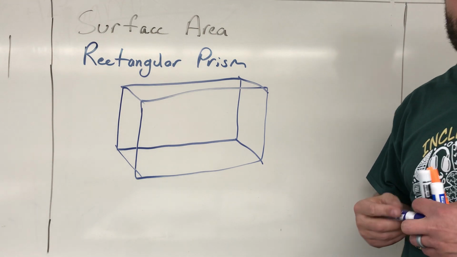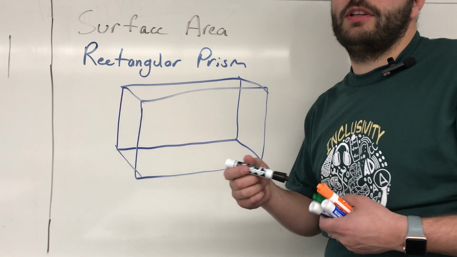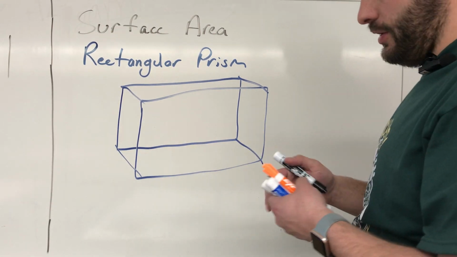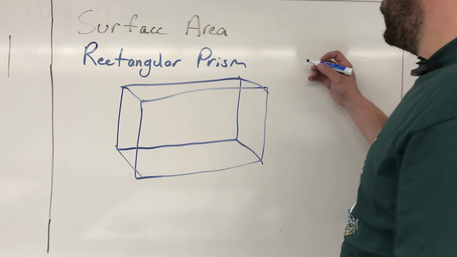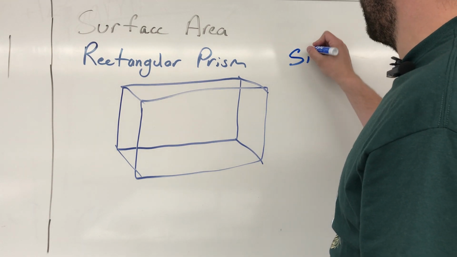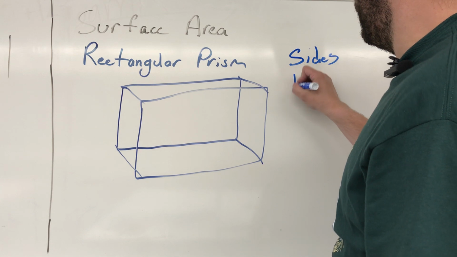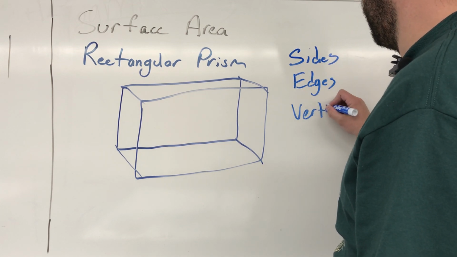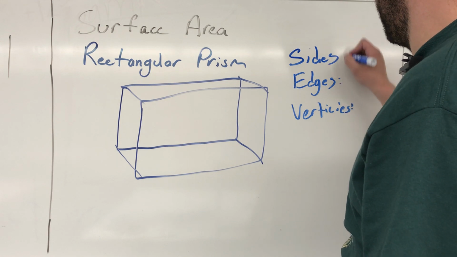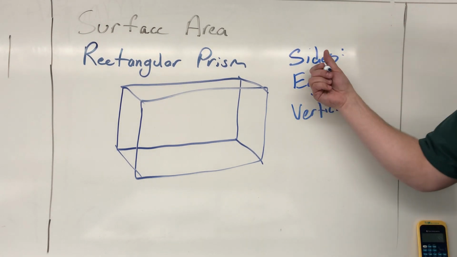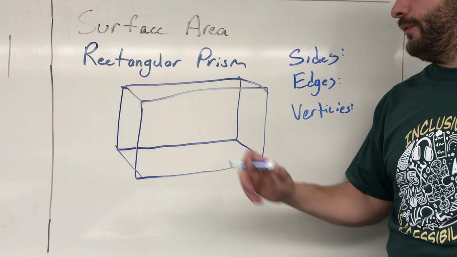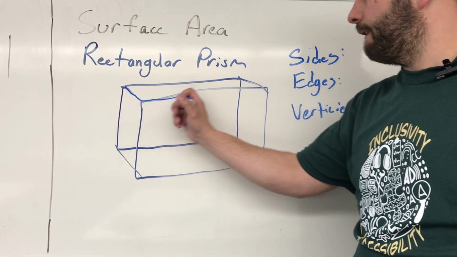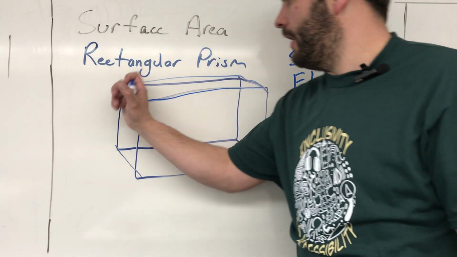There's our rectangular prism. Now, as we go through our rectangular prism, we're going to name a few things. First thing we're going to name is the sides, counting how many there are, our edges, and our vertices. So if we look on top, we have one side there.